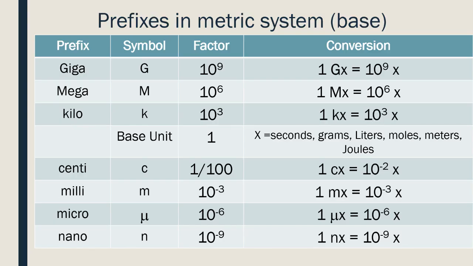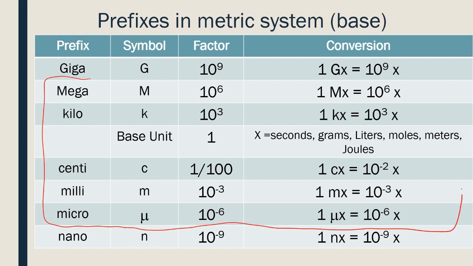All right. So here are prefixes you should have seen before in your life. The ones we're going to focus on are these middle ones. So mega is a lot of base units. So it's 1,000,000 base units.